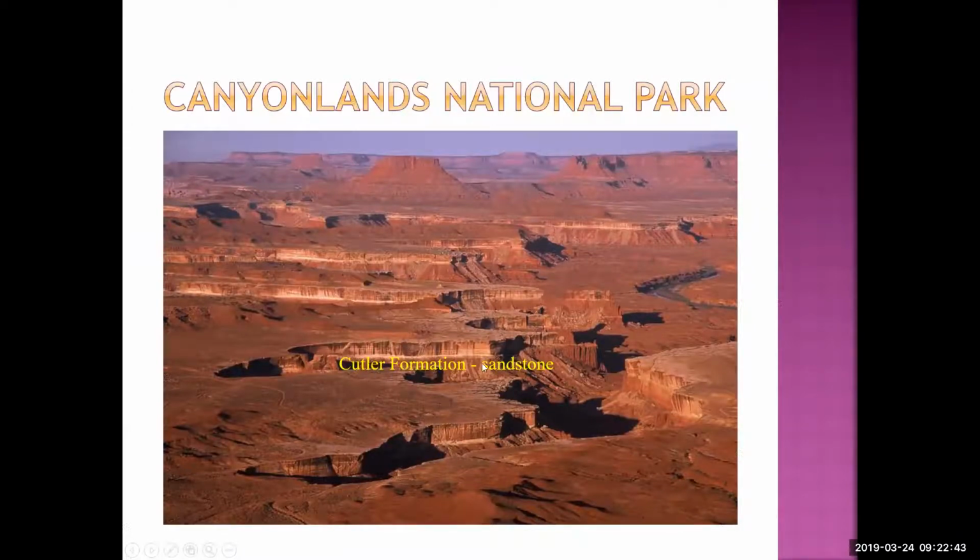Here's the Cutler Formation in Canyonlands National Park, and it's a sandstone. So this was a location that wasn't a limestone, but it was either near the ocean or near the beach, or a place that sandstone would be deposited in the water as maybe the water slowed down.